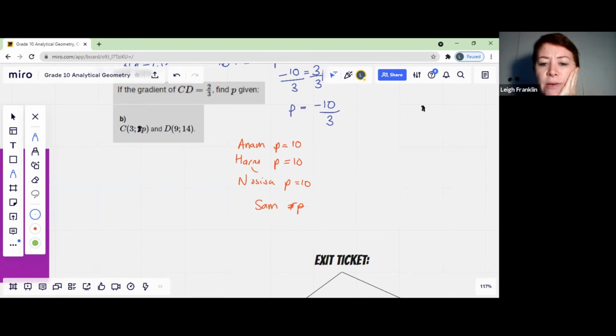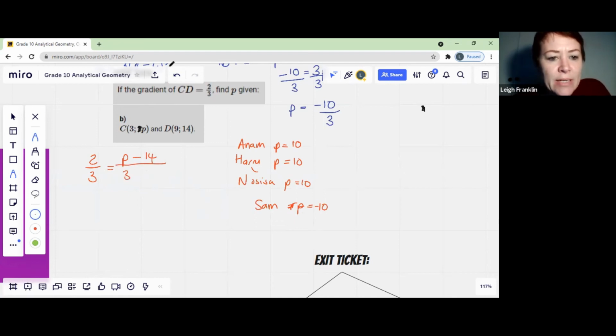Everybody's saying 10, 10, 10. Okay, let's quickly do it and see what happens. So 2 over 3, the gradient, is equal to P minus 14 at the top, then 3 minus 9 at the bottom.